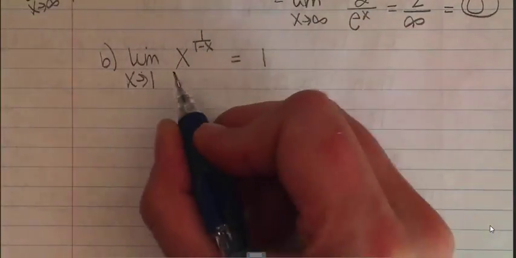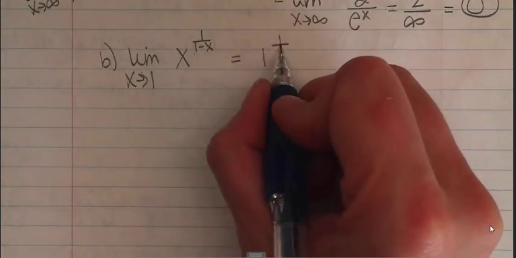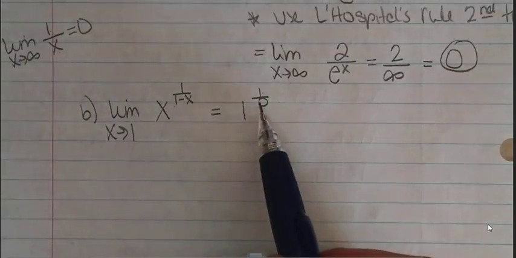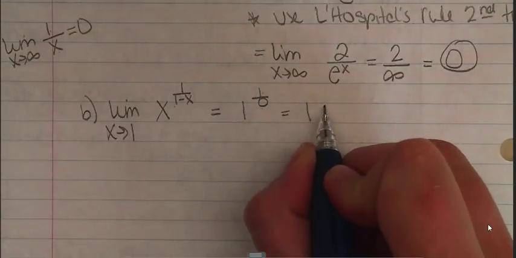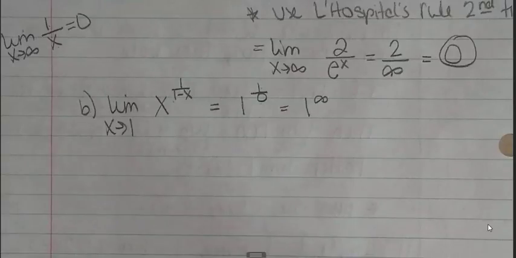I get 1 raised to the 1 over, well, 1 minus 1 is 0. So as this goes to 0, this whole thing is going to infinity. So this becomes 1 to the infinity power, which is really an indeterminate form.